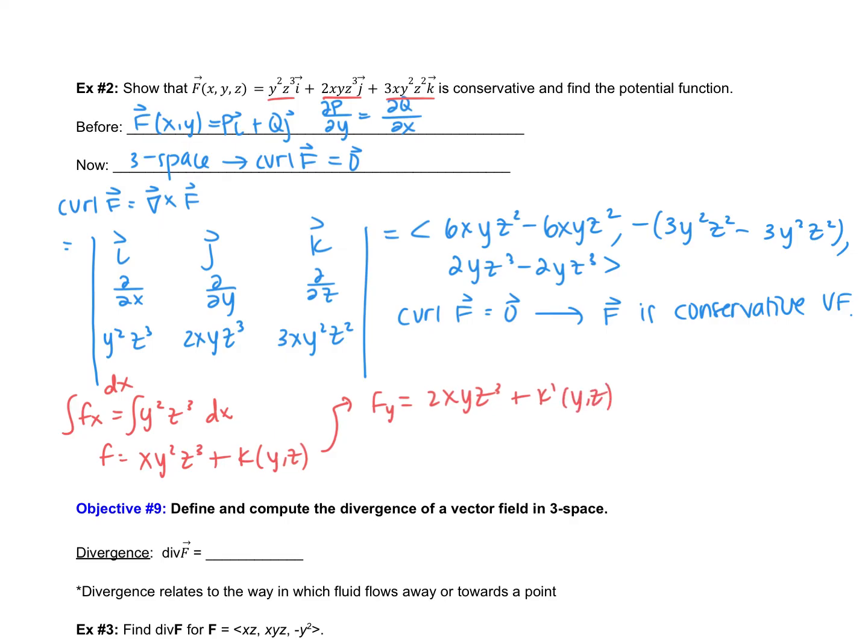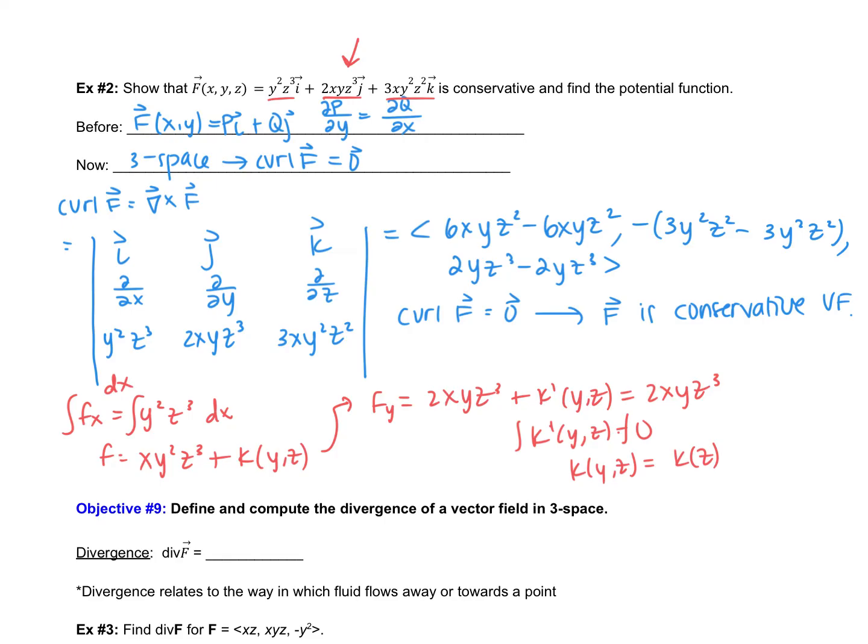The partial with respect to y, we already know from the initial vector field that we were given. So this is 2xyz cubed, which tells us that our k prime of yz is just 0. So if we integrate, our k of yz then is just some function in terms of z.